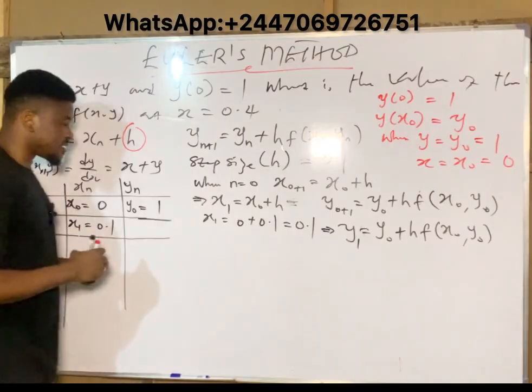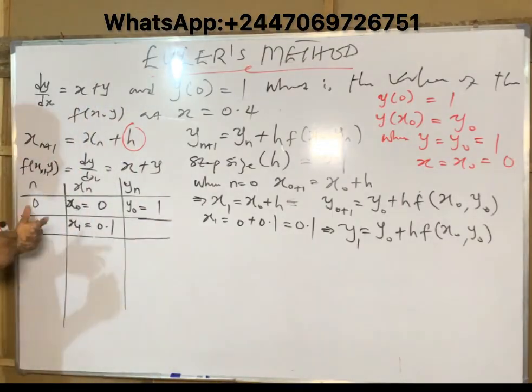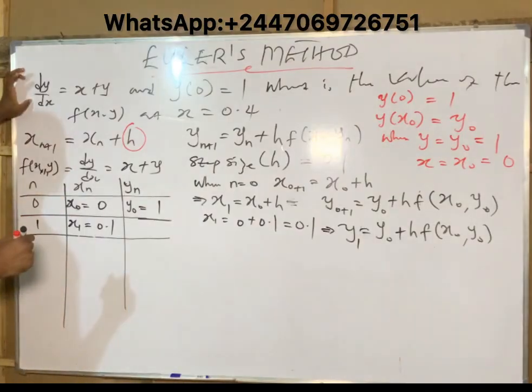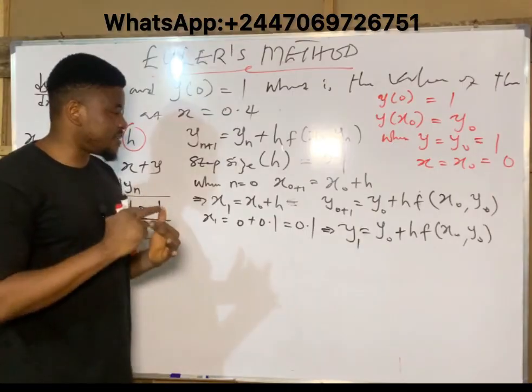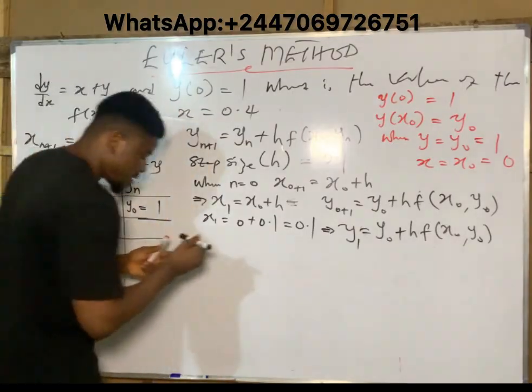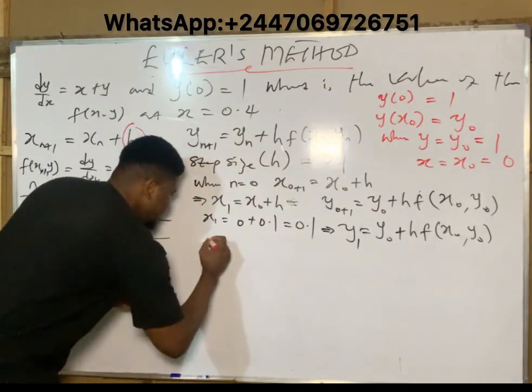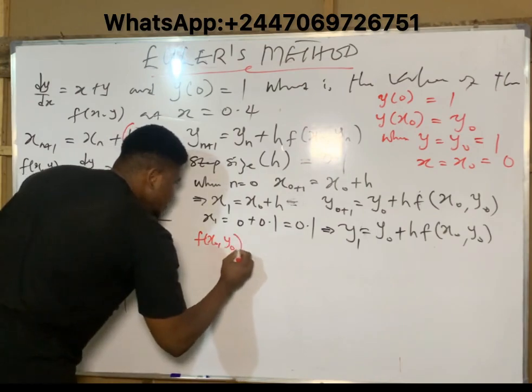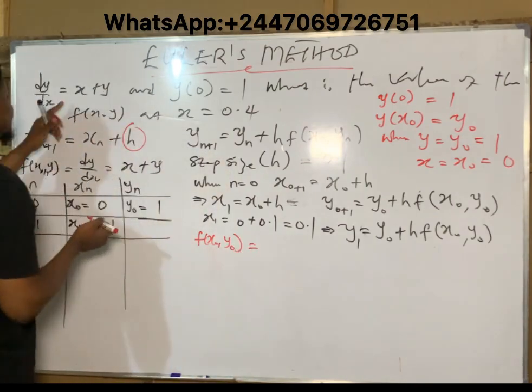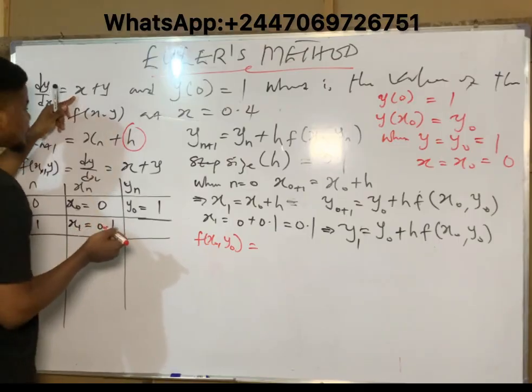So this means that in order to find a value for y, I first have to evaluate the value of the function at the previous values of x and y. So if we do that, we are going to have that f of x0, y0 is going to be equal to, in this equation, wherever you see x, you put in the value of x0.